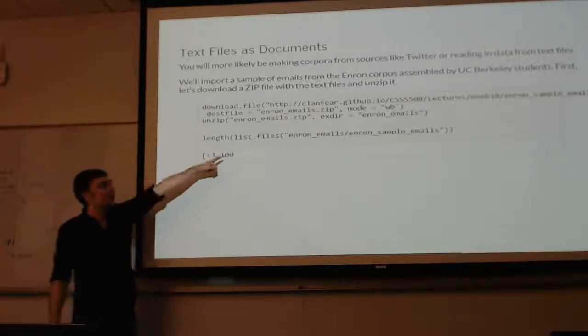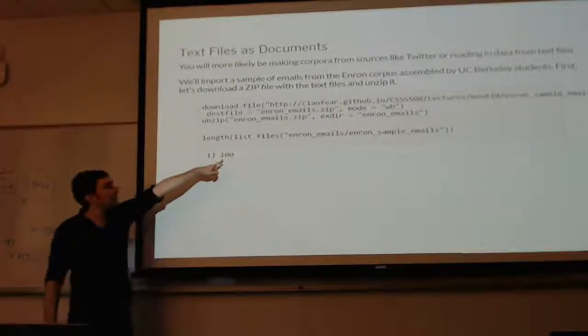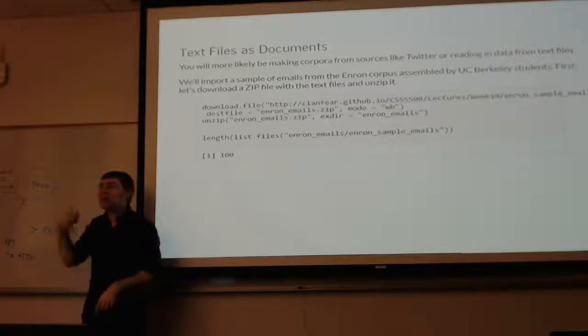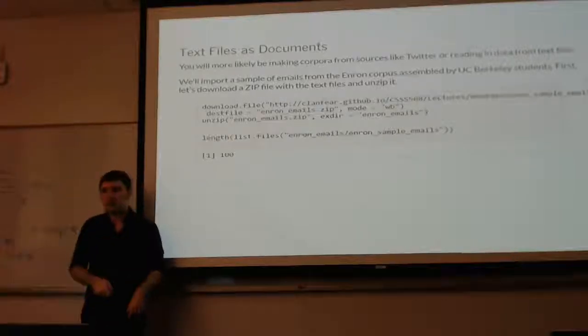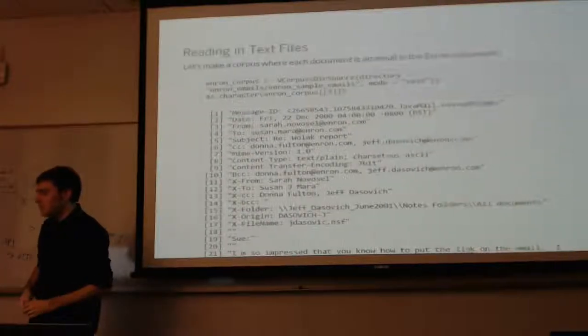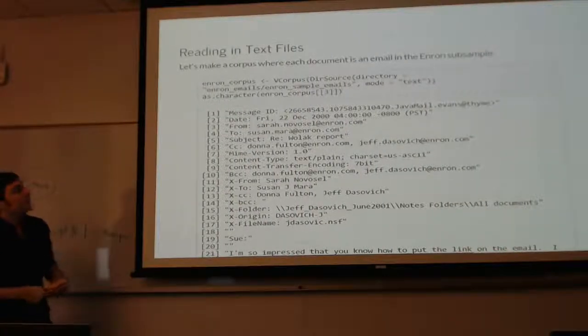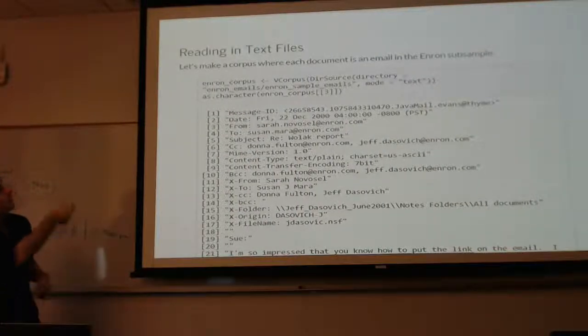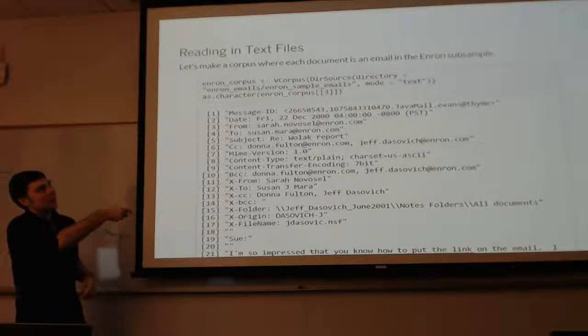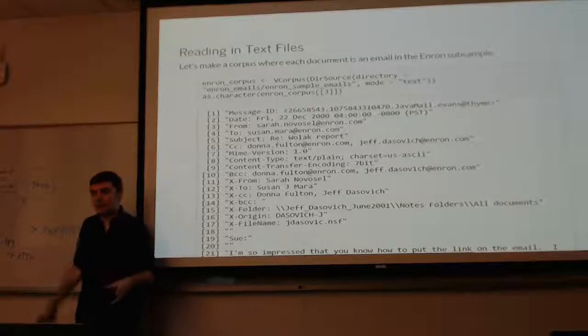I get a list of files here, like we did weeks ago. I see that there are 100 individual files in this folder. Each email is its own file in this zipped-up thing. So I'm going to read these in. What I want to do is make a corpus where every document is a single email in this Enron sample.